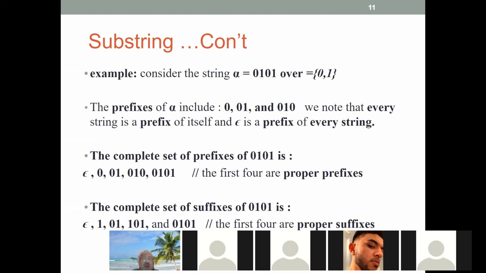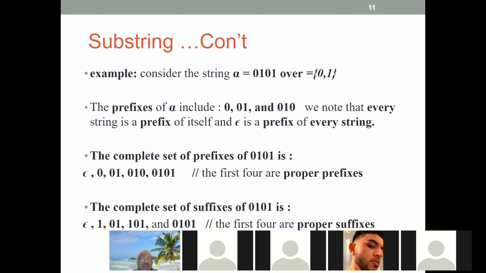I've been doing this too long. I forgot one: epsilon. So we have a string of length 4, and there are 5 prefixes of this string. The string has 4 characters, but we're not permitted to forget the empty string. Therefore, a string of length 4 has 5 prefixes.